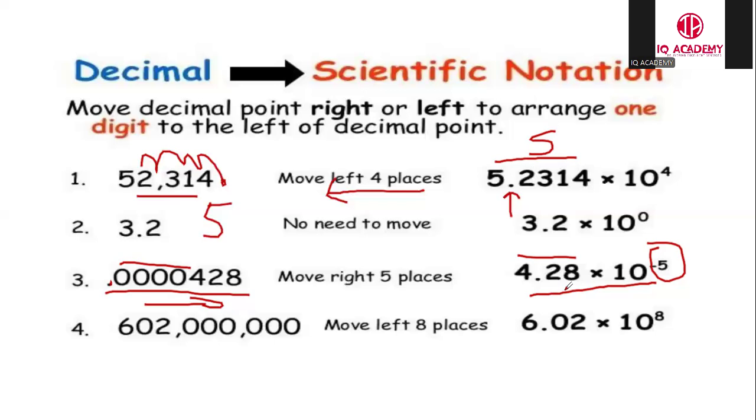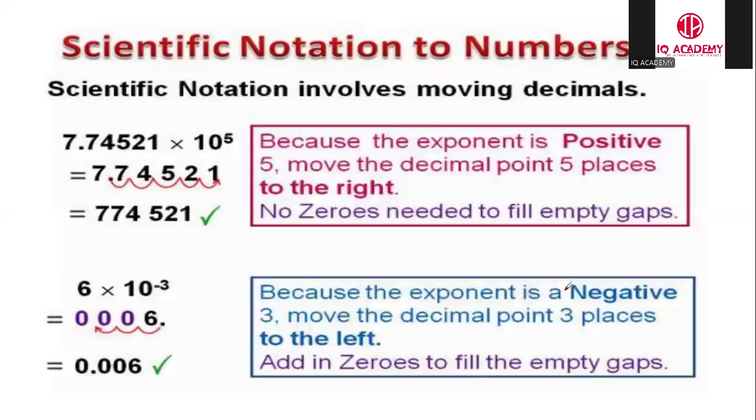So this is the scenario where they give you a number and ask you to turn it into scientific notation. And then it can be the opposite. They can give you the scientific notation number and ask you to turn it into the actual number. So for example, here they have given us 7.74521 multiplied by 10 to the power 5.